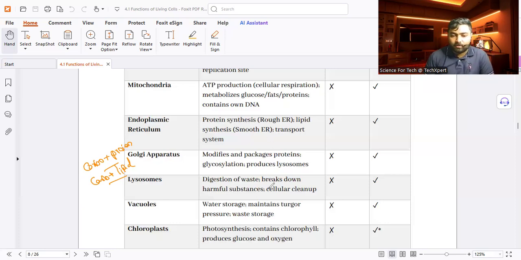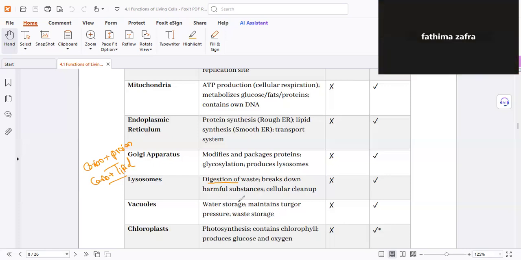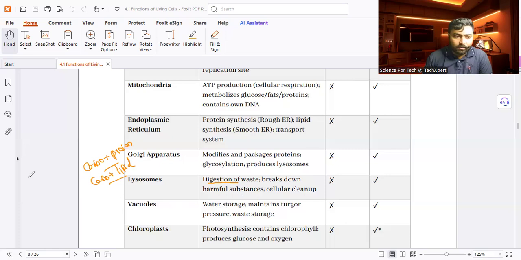Those hydrolytic enzymes are responsible for digestion of waste and breakdown of harmful substances. Okay, sir.